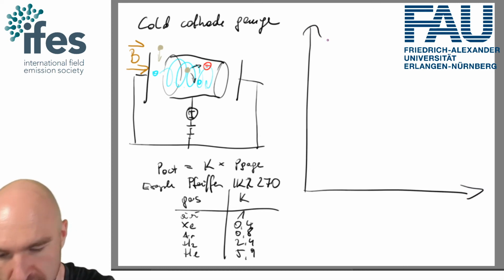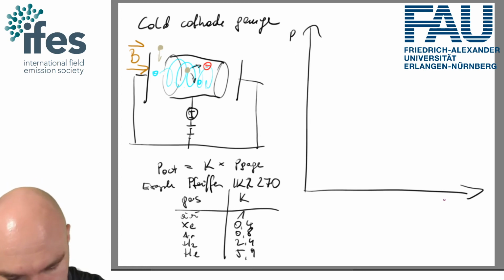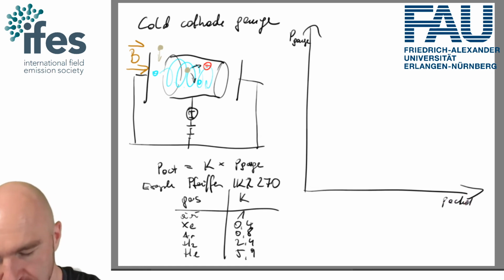With all of those gauges, you will usually get a pressure versus pressure effective graph. So this is the pressure gauge versus the pressure actual.